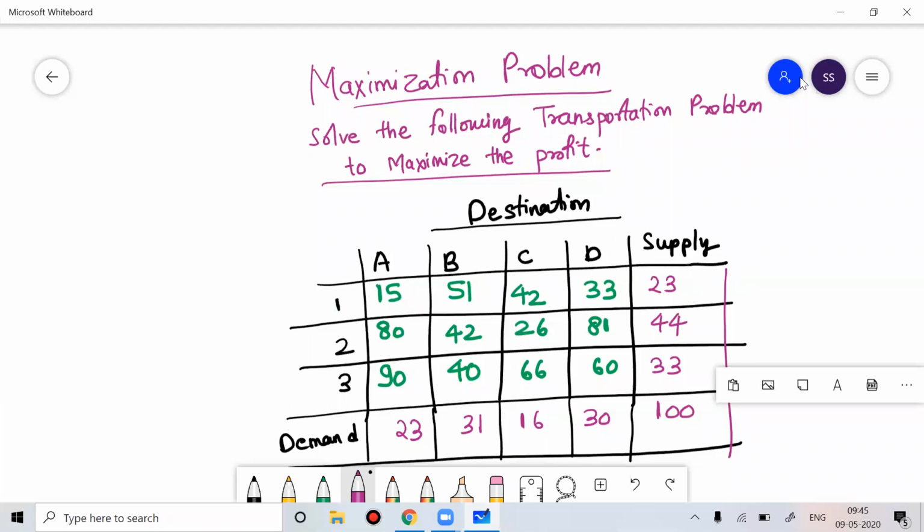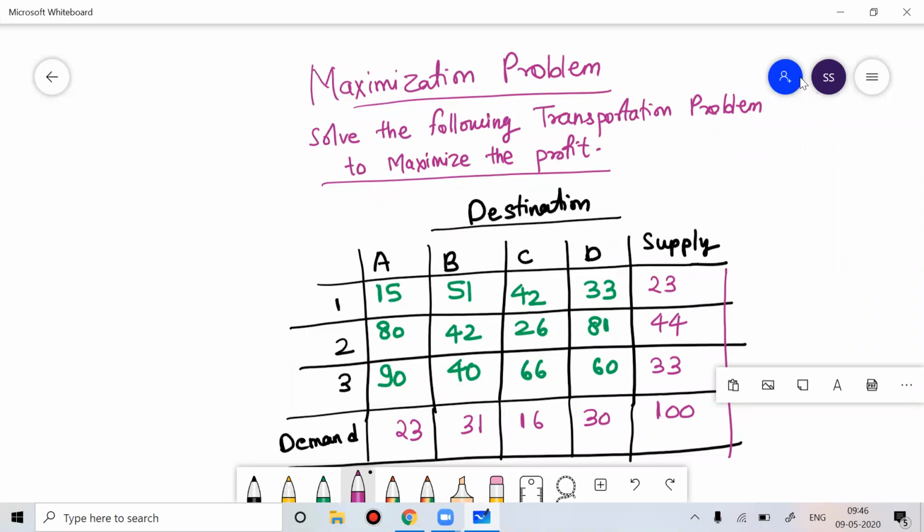Based on the minimization objective, whenever we see the problem, the total demand should be equal to total supply. If the objective is minimization and the total demand for the given matrix is equal to total supply, then we'll go ahead with solving the problem.